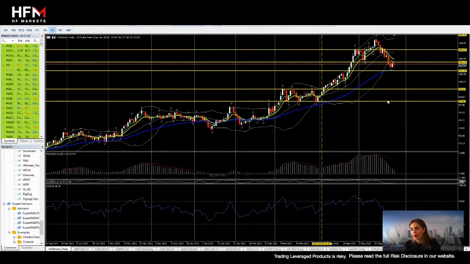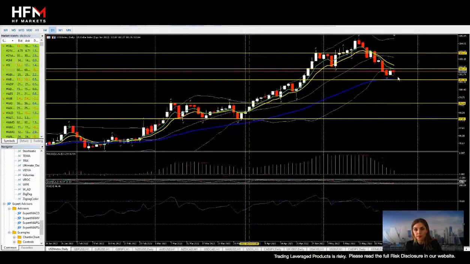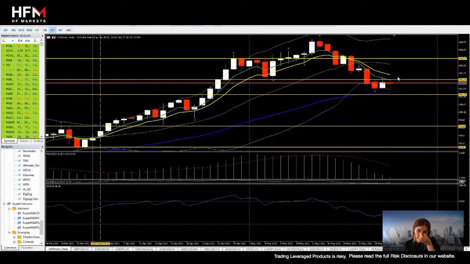So very important support level. Even though the fundamentals, the increasing interest rates, are supporting the dollar, however, we have seen this pullback of dollar for the past 2 weeks.